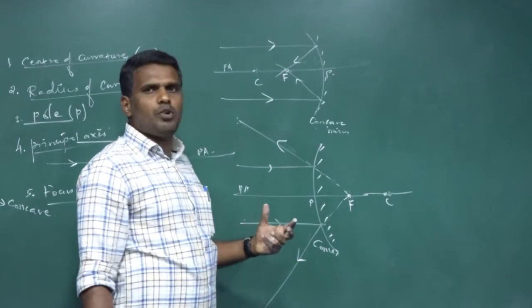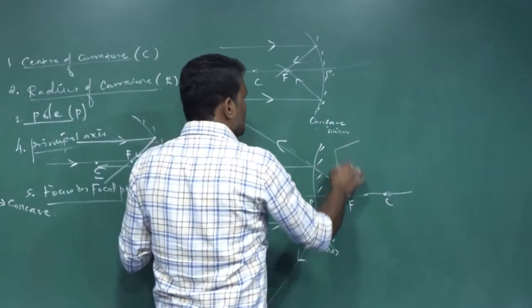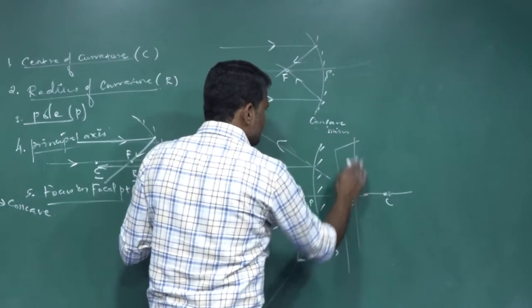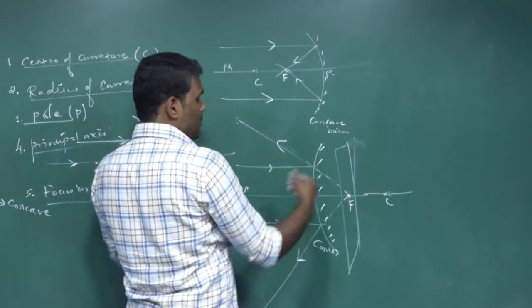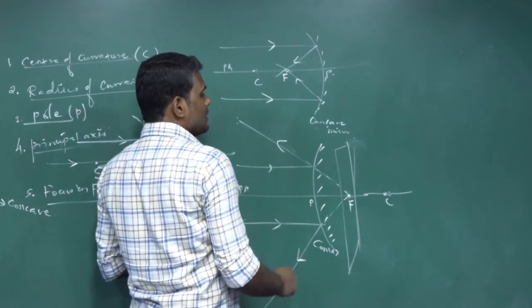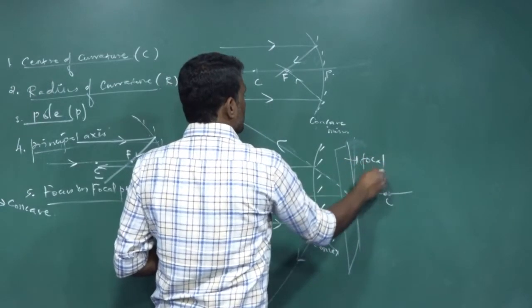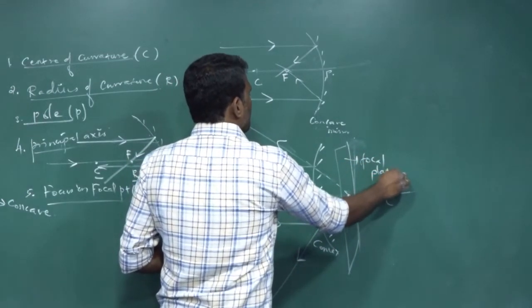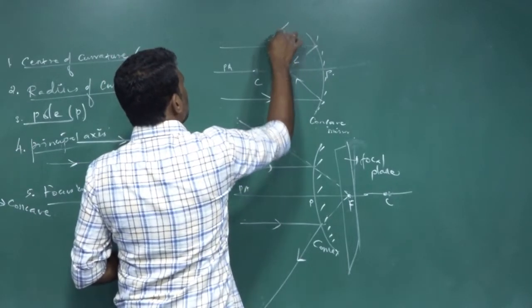And we can speak about the focal plane here. If I assume a plane surface which is passing through the principal focus and perpendicular to the principal axis, then this is called the focal plane. For this particular focus, I can draw a plane over here.